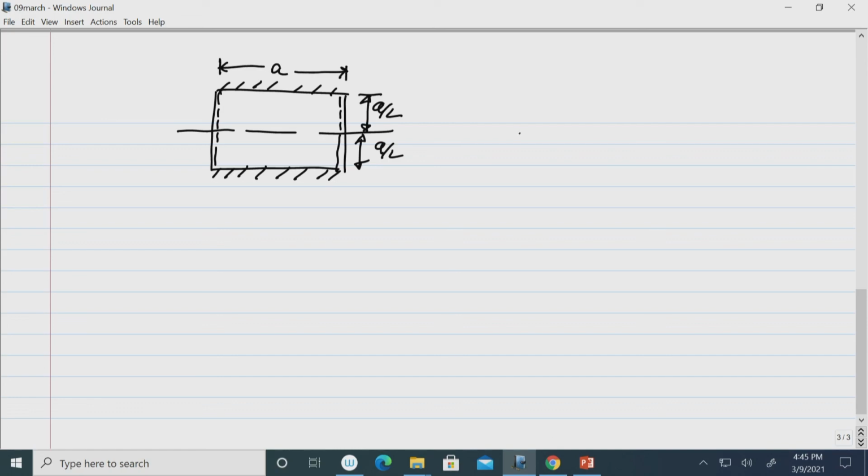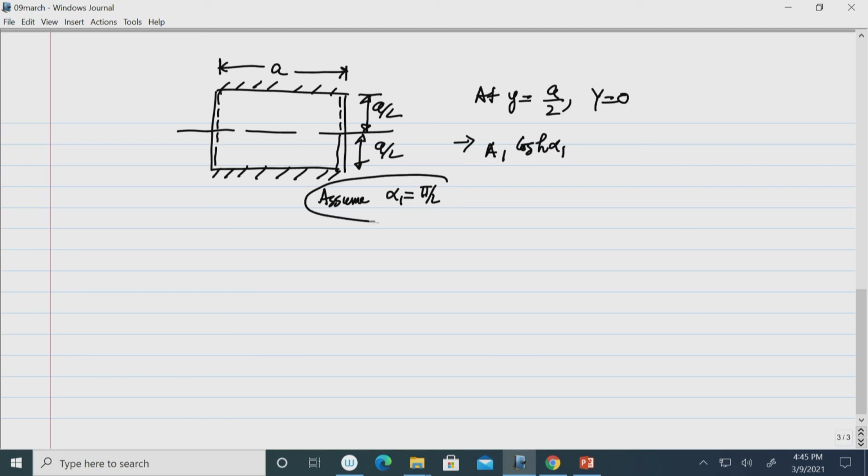So, imposing the boundary condition at y is equal to a by 2, capital Y is 0, that gives a 1 cos hyperbolic. If you substitute y is equal to a by 2, then cos hyperbolic pi by 2 will come. So, let us take alpha 1 is equal to pi by 2, just to simplify the calculation. Okay, so this is coming.